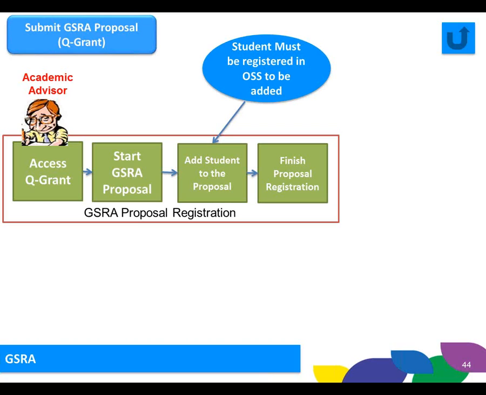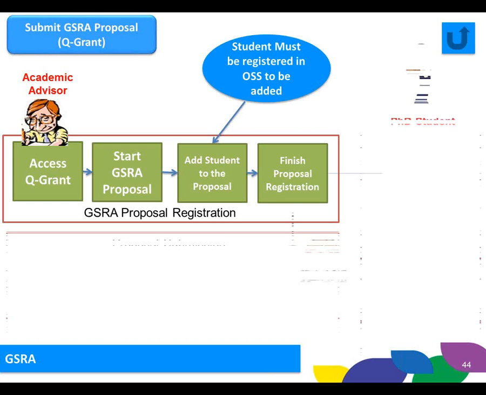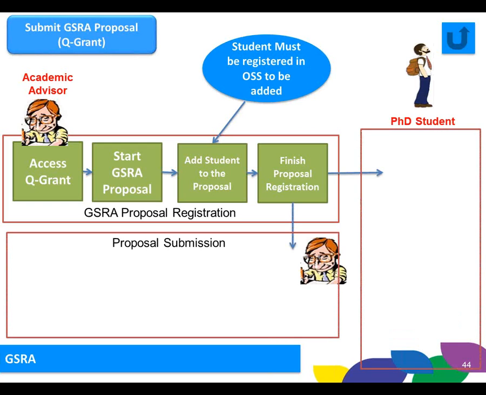Now, after registration, the proposal now needs to be prepared, and this is done by both the advisor and the PhD student. So the PhD student, for example, in his or her own channel, would first log in. They would be able to go into proposal preparation for this particular proposal, since the advisor has already added him or her to the proposal during the registration step.